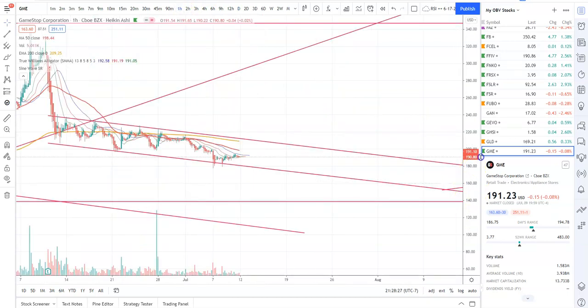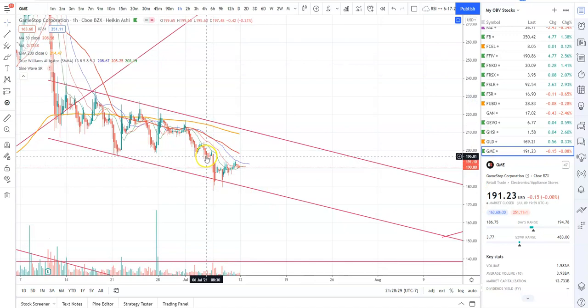Let's look at the 1 hour chart, and I believe our last update here was maybe even on the 6th. I forget exactly when it was, but prices came down here perfectly, tagged this lower trend line, and have just been working sideways since.